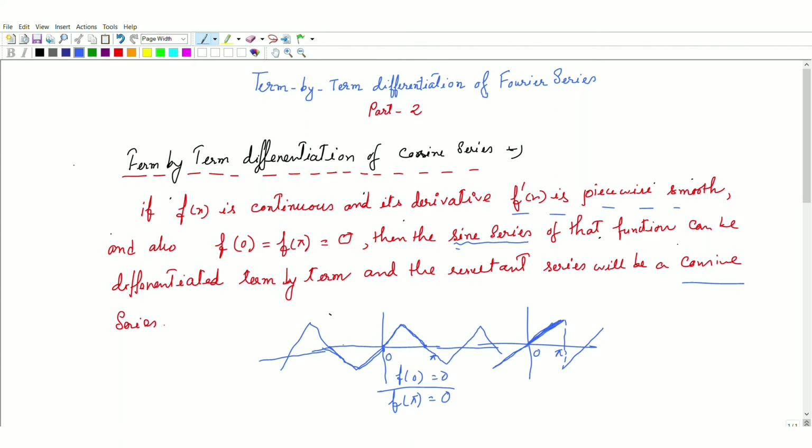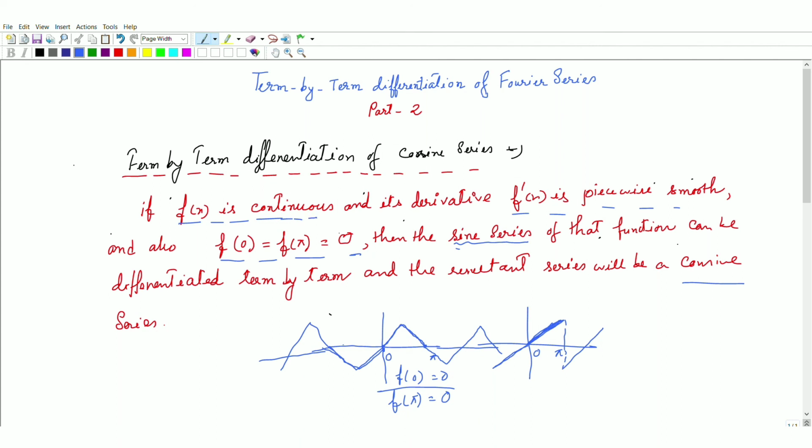So when you are asked to do term by term differentiation of a sine series, this condition has to be satisfied. The first condition has to be satisfied, otherwise there is no question of the later conditions.